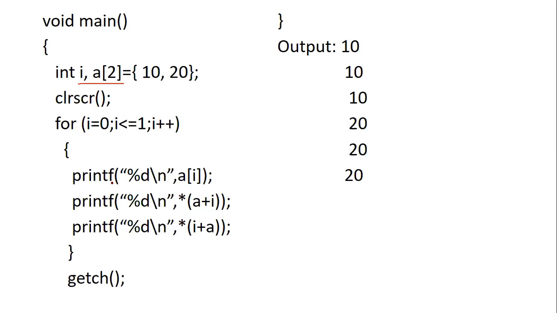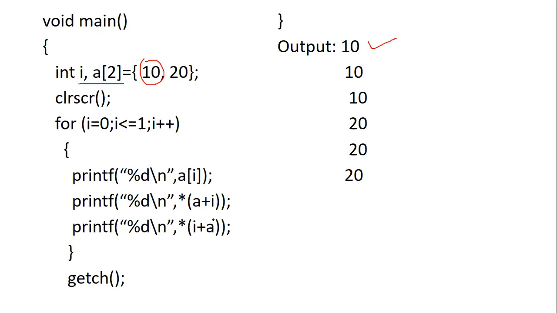So in the first line of for loop, we have %d, comma, a of I. The first time the value of I is 0. So a of 0 means the displayed element is the number 10. It will print the number 10 the first time.